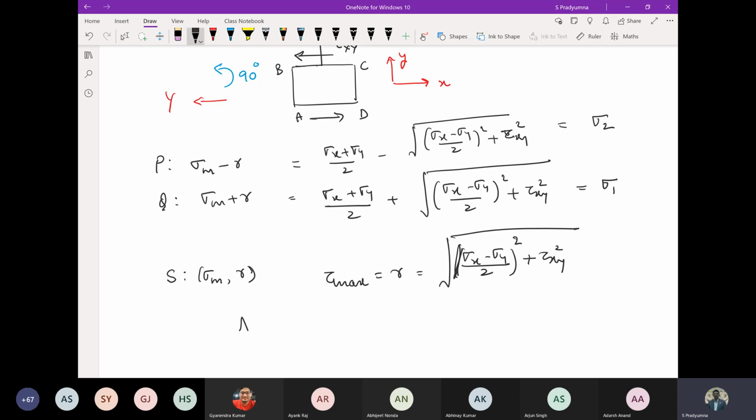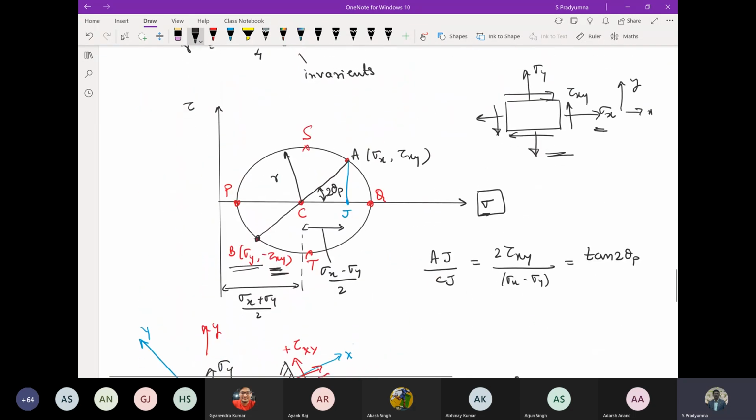And what is the associated normal stress? That is sigma m, right? The associated normal stress, sigma, is equal to sigma m, that is sigma x plus sigma y by 2.